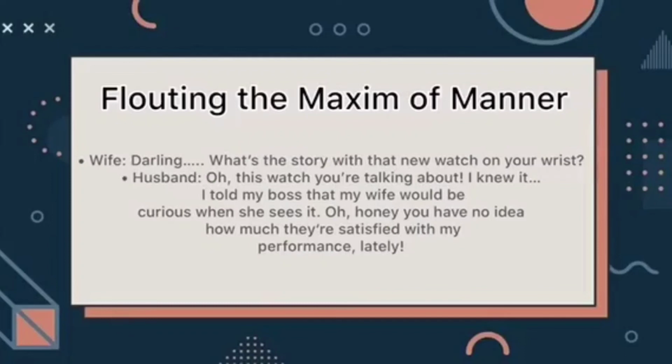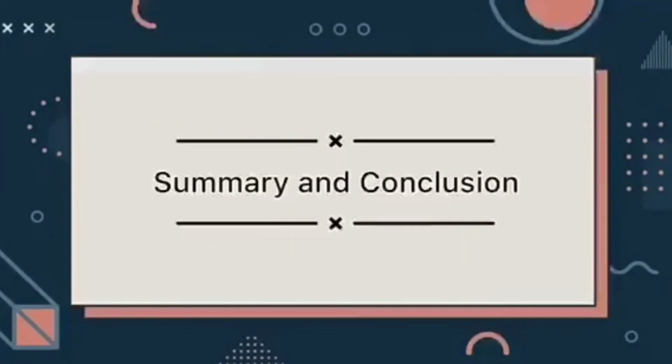I feel like it would be better if the husband directly told his wife the truth, that it was an award. However, he chose to flout the maxim of manner to make sure that his wife believes that the watch given to him is from a person that she also knew, and that is for him to also make sure that his wife will not get jealous.